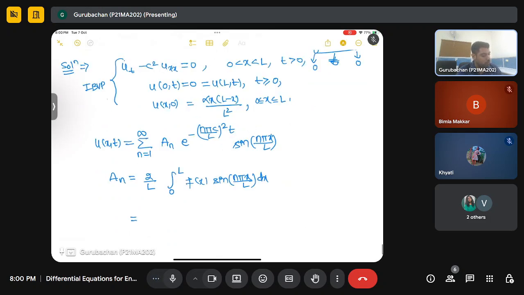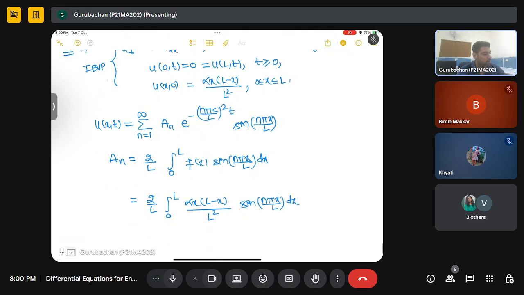If you observe here, this f(x) is given as alpha x (L minus x) divided by L square, times sine n pi x by L dx.